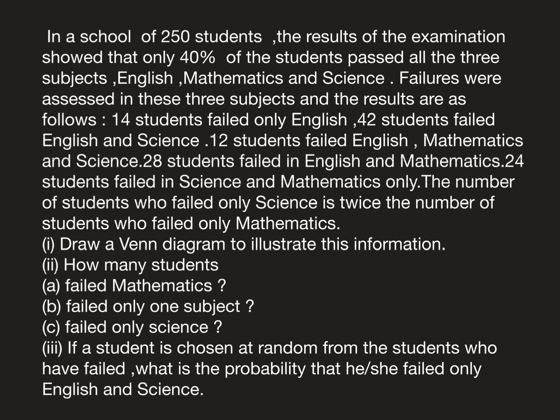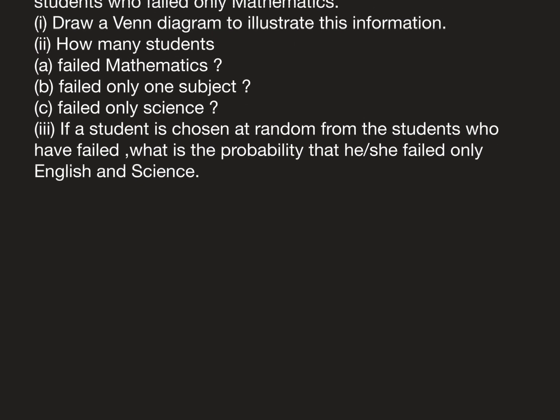We have too much information here, but the first thing we'll try to do is to go and draw our Venn diagram, and then we will work on the problem. So let's say solution.